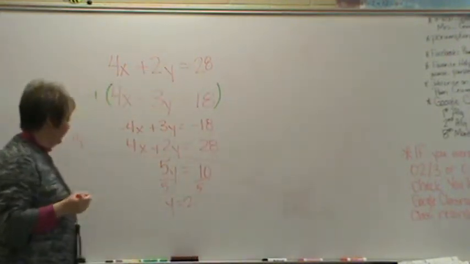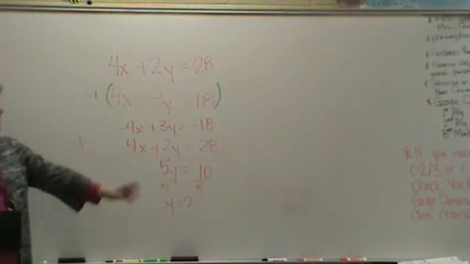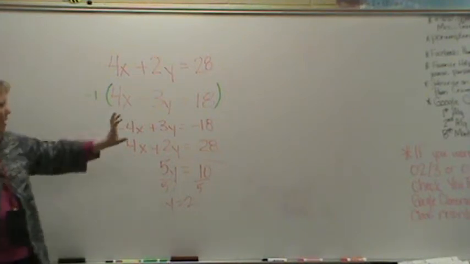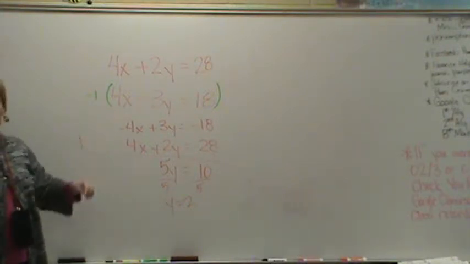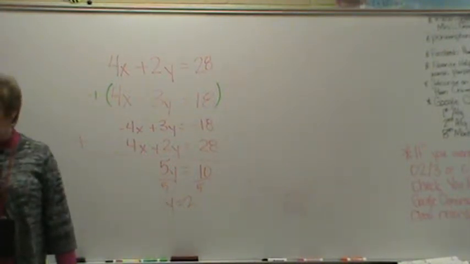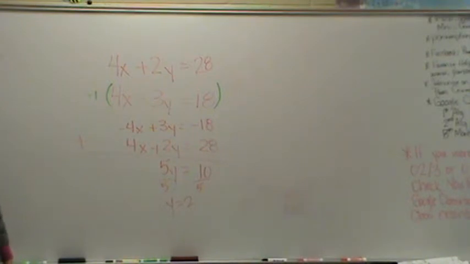Y'all do that. This side of the room, top equation. This side of the room, bottom equation. Where you brought me? The original equation or the one that we multiplied? Go with the original. Substitute, substitute, substitute. We'll give you all about 15 more seconds.